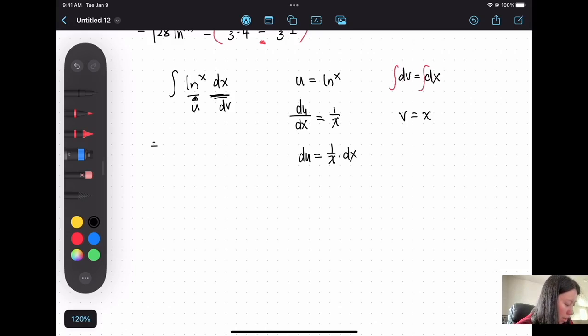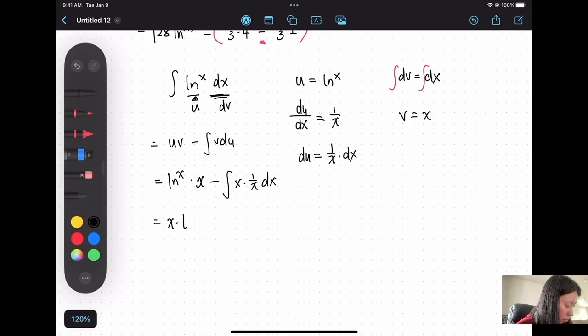Now I can substitute that into the function. I have uv subtract v du. So uv is ln of x times our v, which is x, minus the integral of x times 1 over x dx.